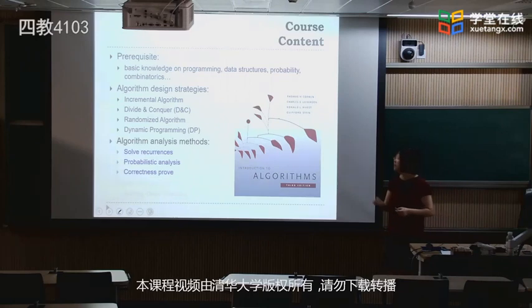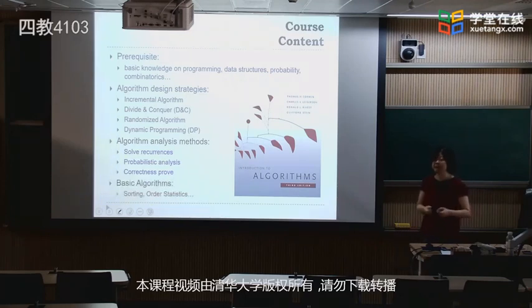We're also going to learn some algorithm analysis methods, for example, how to solve recurrences, how to do probabilistic analysis, and how to do correctness proofs. We're going to use some basic algorithms, for example, sorting algorithms and order statistic algorithms, to learn these concepts.